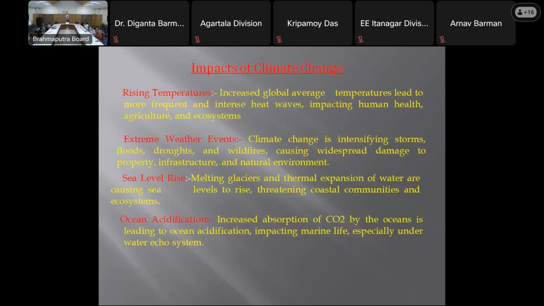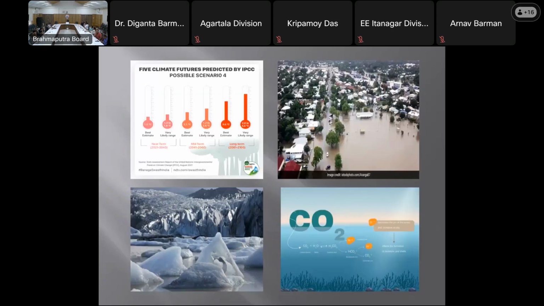After this slide, I will show these details. First picture, you can see here the five climate futures predicted by the IPCC, the Intergovernmental Panel on Climate Change. Possible scenarios are predicted for four decades, with the best estimate and very likely range, for the near term, mid-term, and long term.